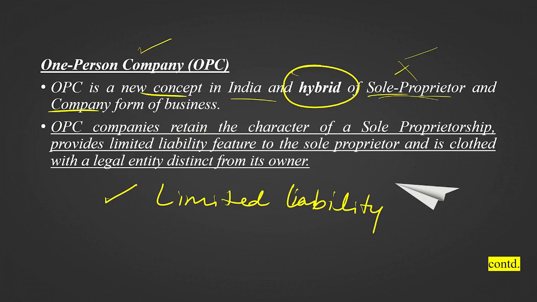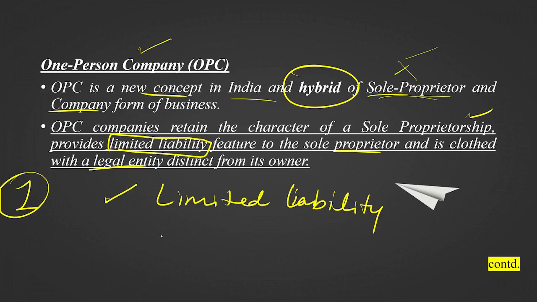A one-person company will retain the character of a sole proprietor. Why? Because there will be only one person. It is as good as a sole proprietor, but it gives you the advantage of limited liability, as I told you, which is the main feature that will help the proprietor to expand business. He need not be worried about his personal assets being attached, and it will give him the status of a legal entity.